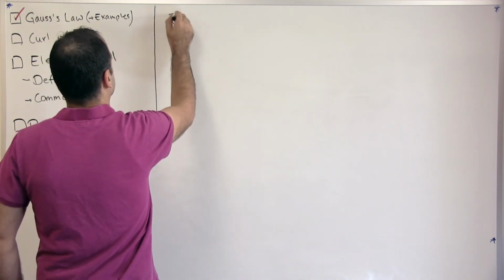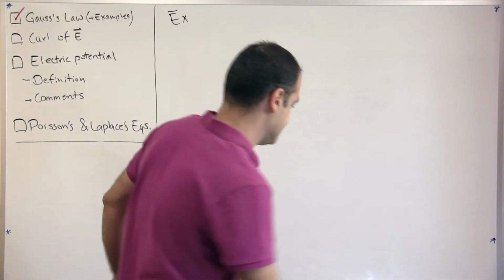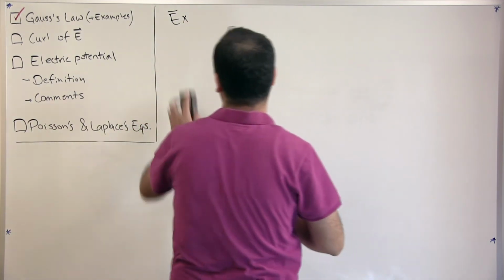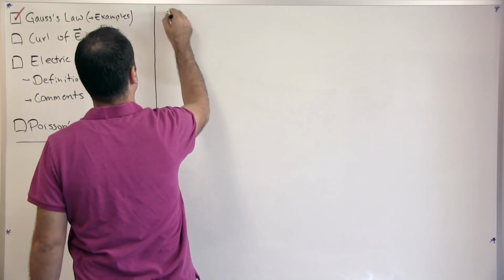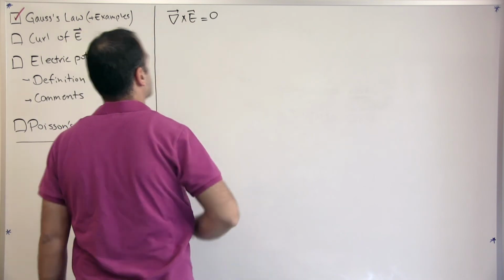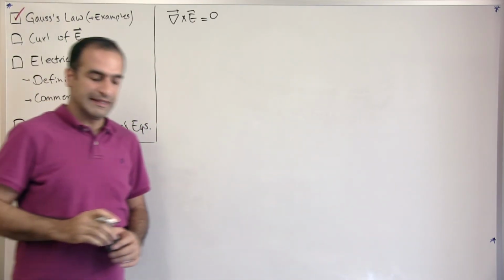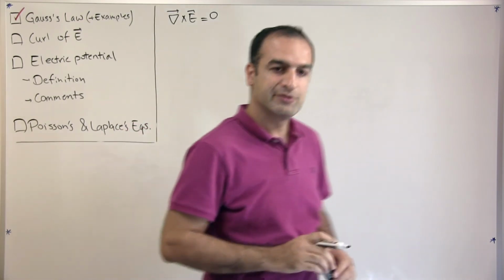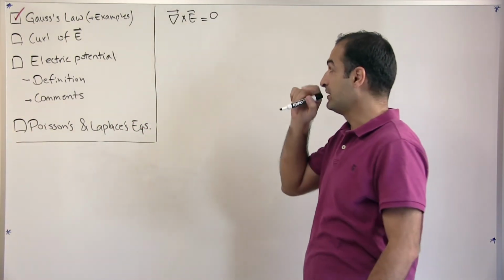So the curl of E is 0. And I don't know if you remember the product rules for the del operator that we discussed in chapter 1.